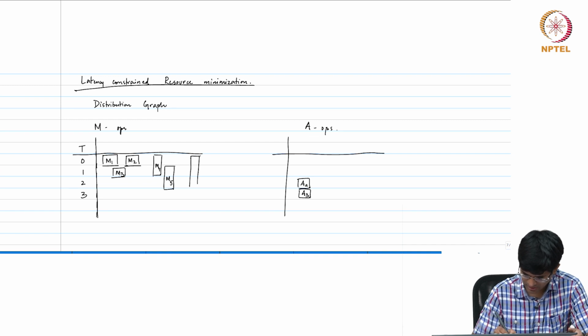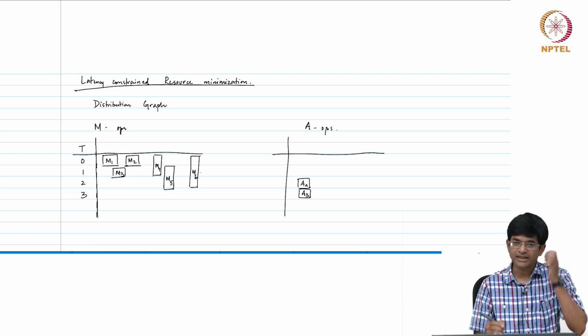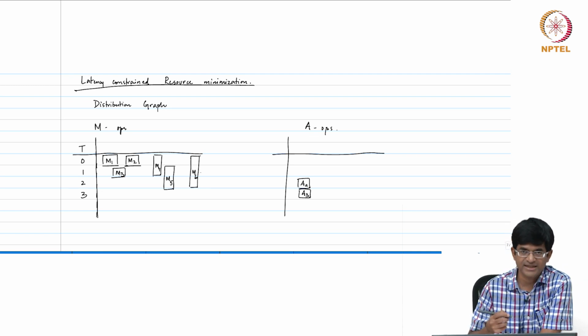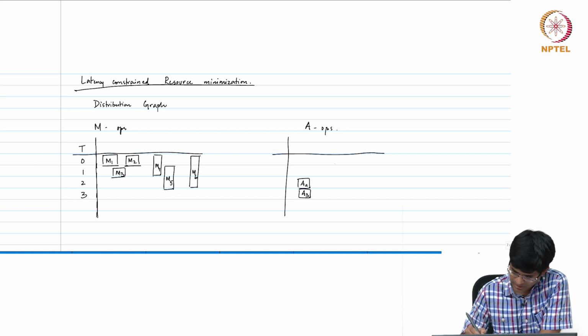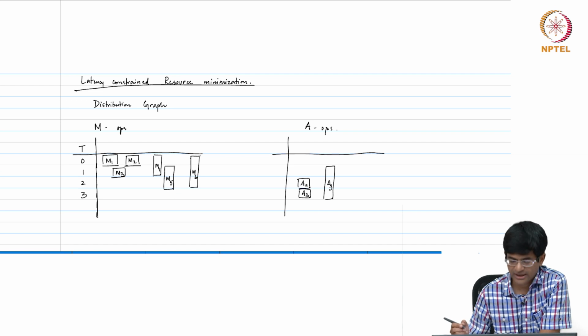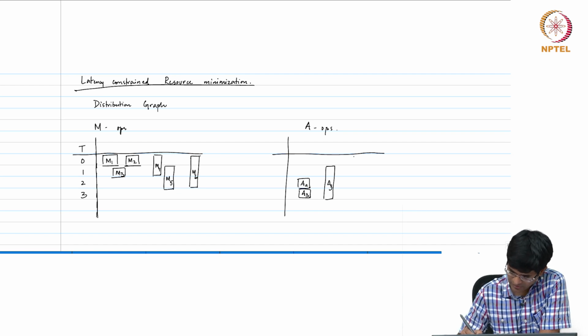Right, you will notice that it's getting sort of narrower as I increase the number of steps over which it is. The reason is because I am trying to keep the area in the rectangle the same. M6 is over there, which means that A3 correspondingly could also go into any one of these 3 clock cycles. And finally, I have A4 and A5.